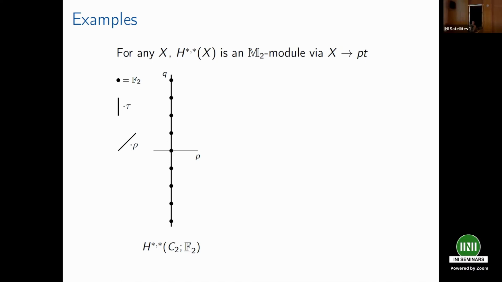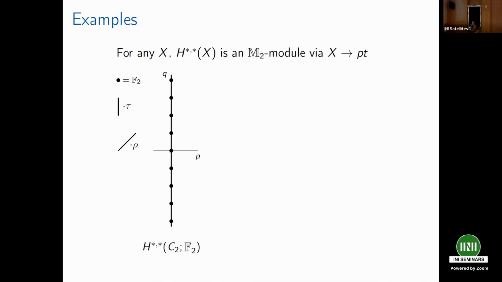And now it's a much simpler picture, just a bunch of copies of F2 concentrated on the Q axis. And these vertical lines are meant to tell me about the module structure. So I take this class and multiply by tau, and I get this next class. And there's nothing to the side, so there are no rho multiplications here to show.